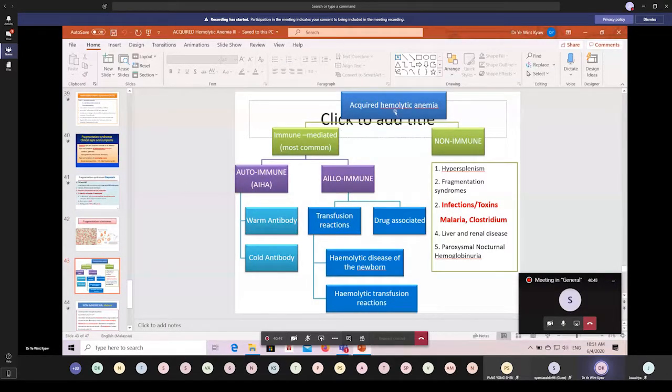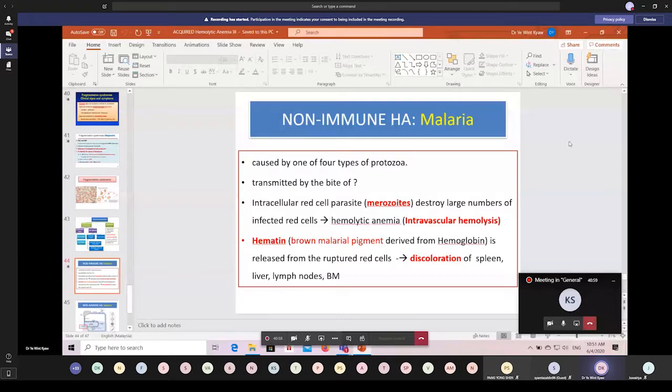This anemia can be caused by infection, toxin, malaria. The most popular is malaria. This can cause hemolysis. Malaria, what type? Intravascular hemolysis.